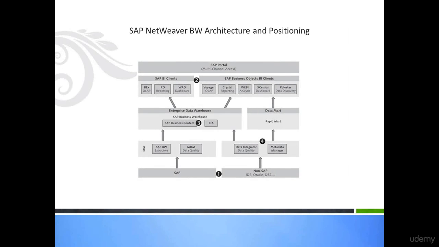The next part is to learn a little about the architecture and positioning of BW in SAP. In the beginning, I was talking about bringing in data from SAP itself. There is also another way of bringing data into BW, from a non-SAP data source. Most of the time, the data in BW comes from SAP ECC, and then we have extractors in BW, and business content.